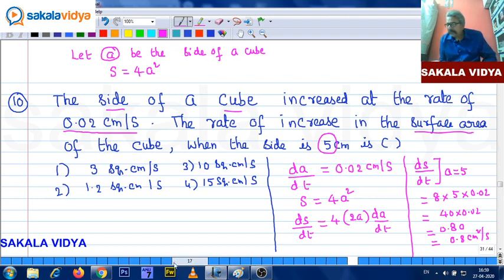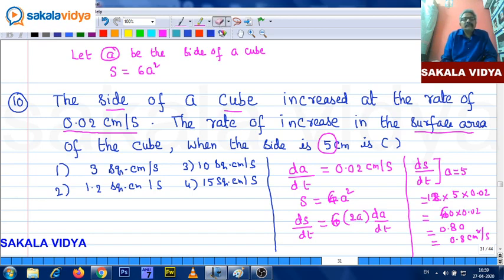Option is not there. So 6a square means that is the surface area 6a square, correct only. Okay, I need to do it now. So here I need to check 6a square, here 6, this will be how much? 12, 60.